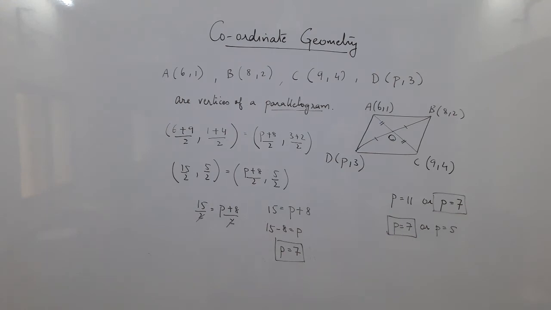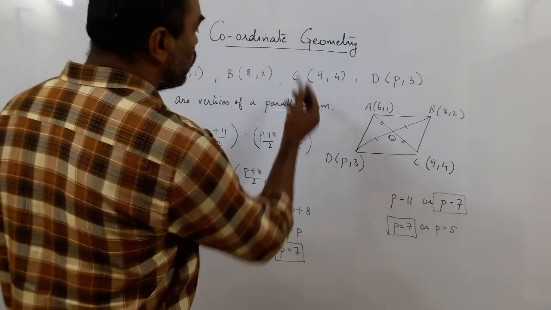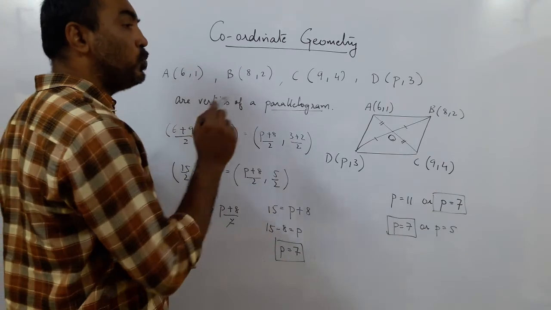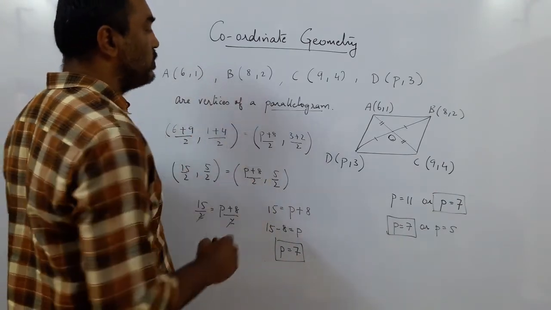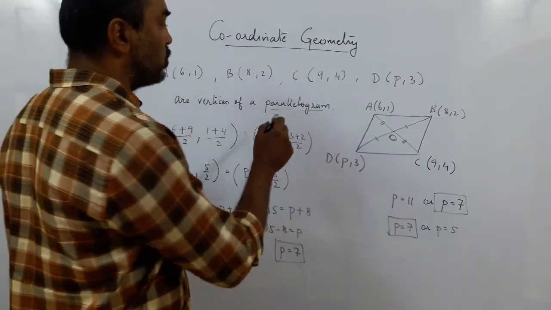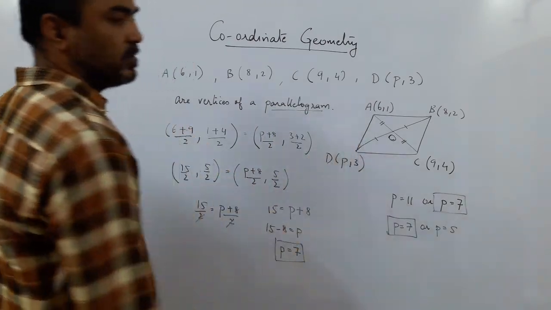In this lecture I want you to make use of the formulas we learned so far, the midpoint, the section formula, in different figures. Now one thing again I want to tell you, very important: along with coordinate geometry and its formulas, you should be aware of the geometry also, the different quadrilaterals.